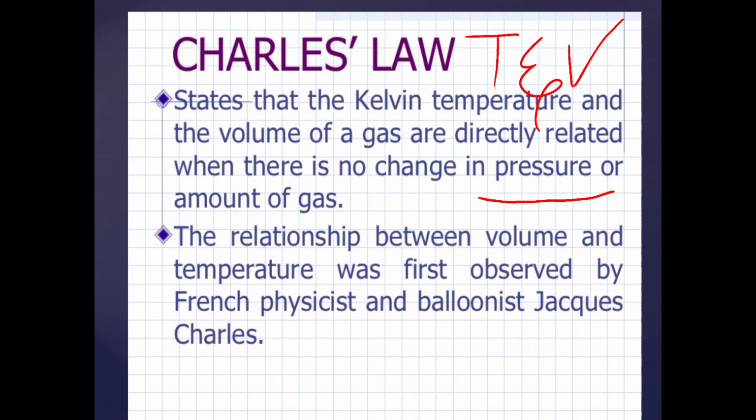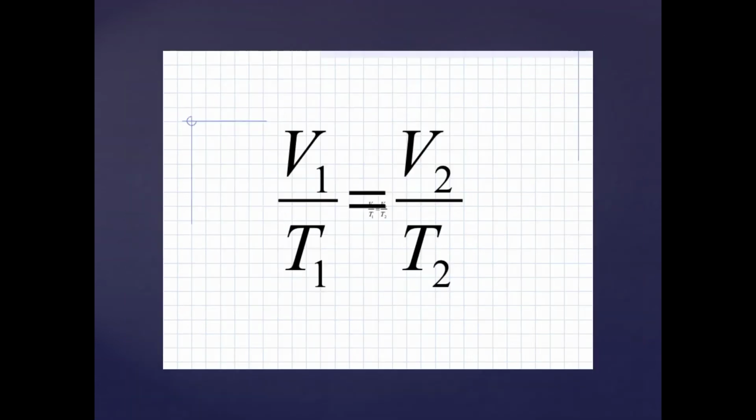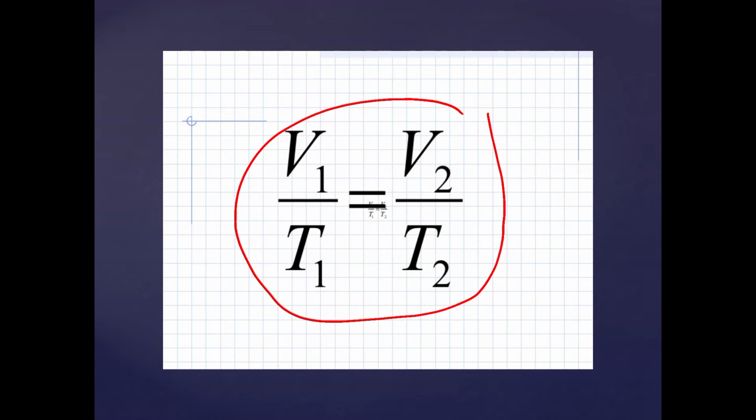So if the temperature of a gas increases, volume also increases. It was observed by the scientist Jacques Charles. That's why this law is named Charles' law. Its mathematical representation is V1 by T1 is equal to V2 by T2.